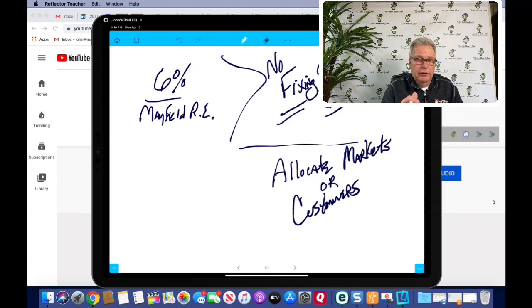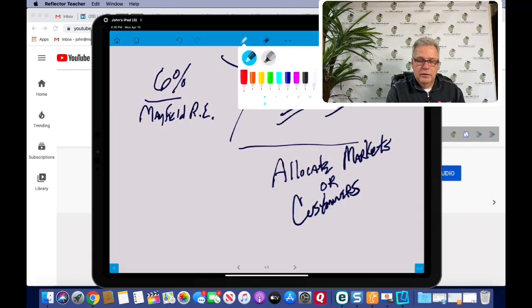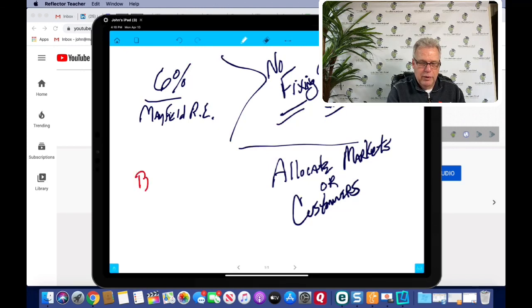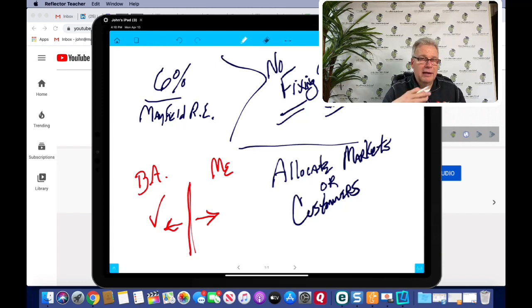In other words, if this is broker A and this is me, I can't say to broker A, you take everybody on this side of the highway and I'll take everybody on that side of the highway. That's allocating markets.